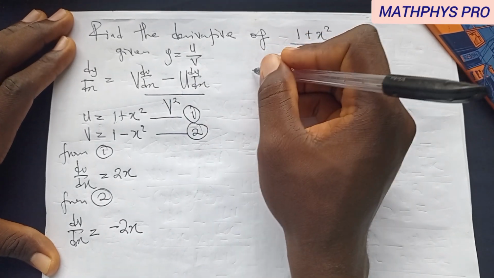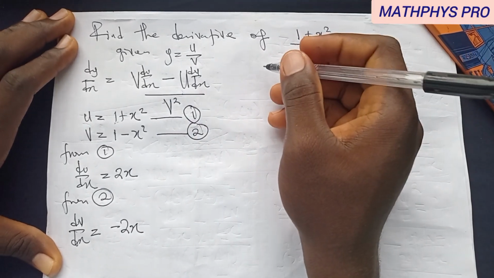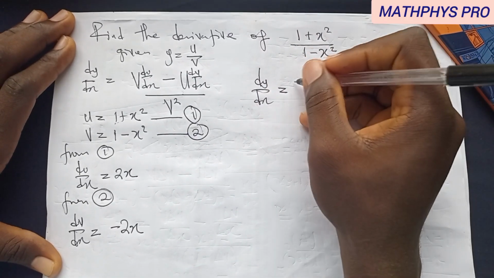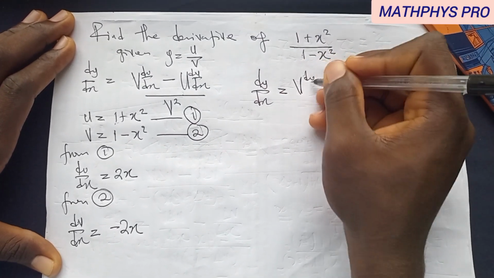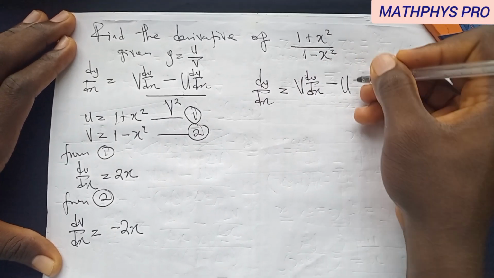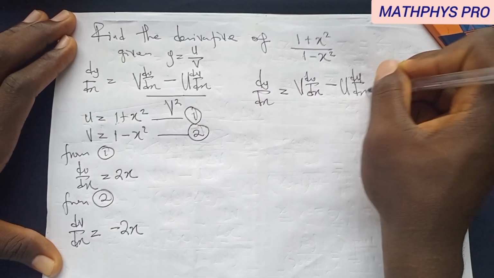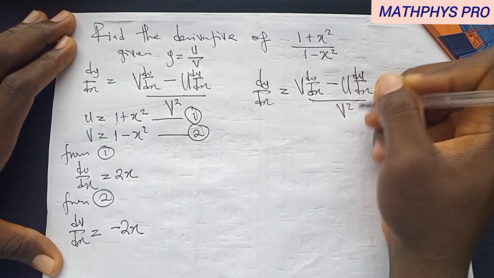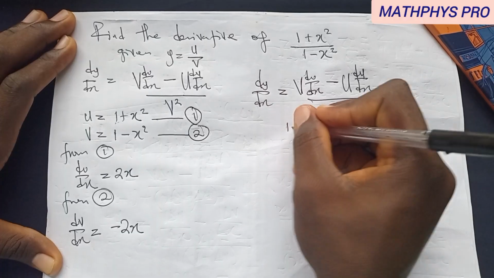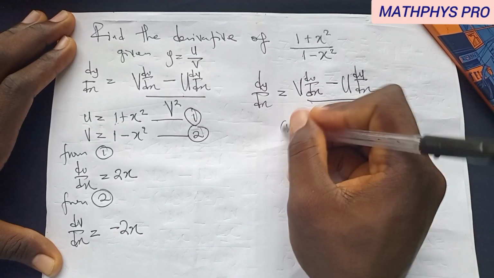By stating the quotient rule, which states that dy/dx is equal to v du/dx minus u dv/dx over v squared. Now, what is v? v is 1 minus x squared.